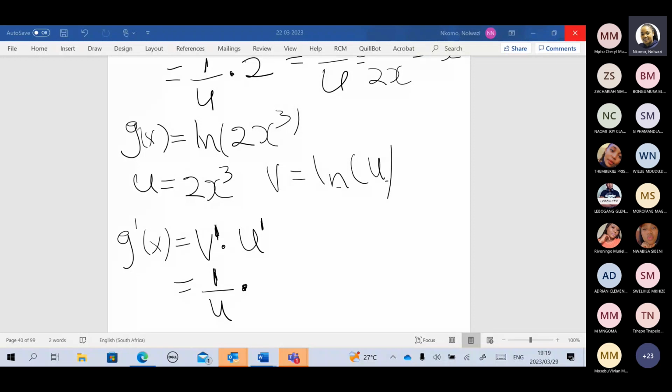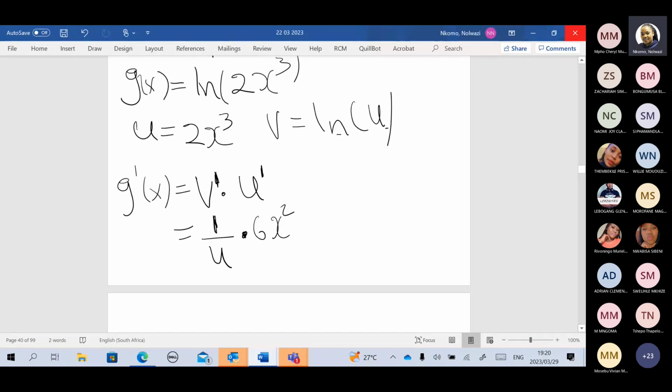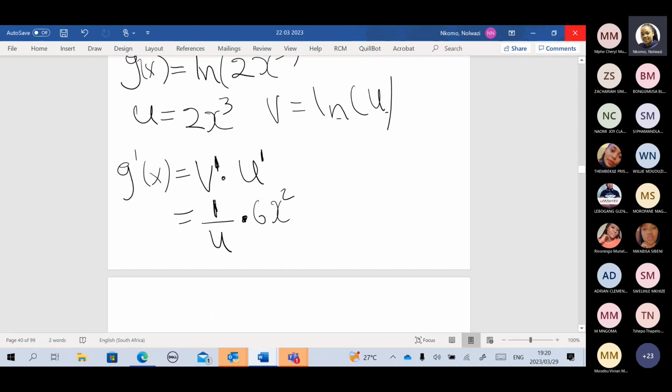Okay, we said the derivative of u, where u is 2x cubed, is 6x squared, right? So this means we have 1 over u times 6x squared, but we know that u is 2x cubed. So we have 6x squared over 2x cubed.